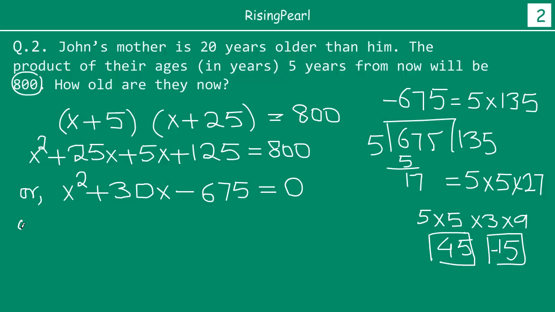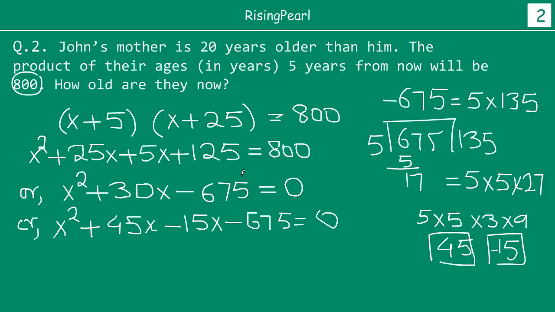So we can split the middle term as x square plus 45x minus 15x minus 675 equal to 0. So from here we can take x common, so we will get x plus 45.